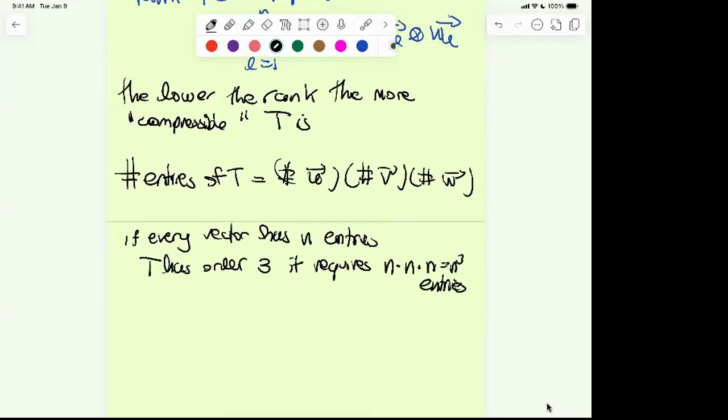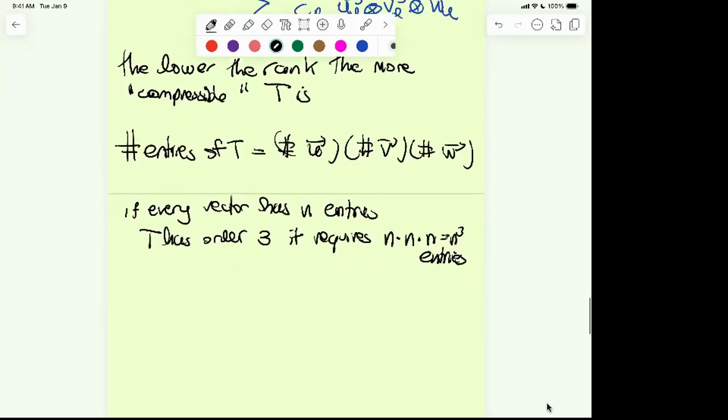And here's the extreme case, if the rank happens to just be 1. You can see how it simplifies tremendously. For example, if the rank of T is 1, where it's just a tensor product of three things, each one requires n entries.